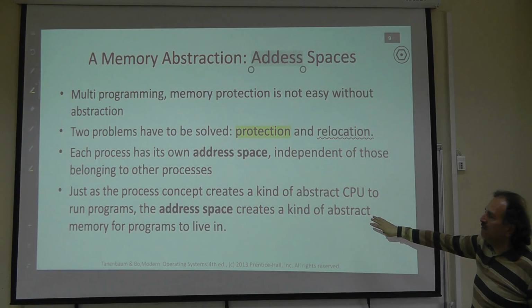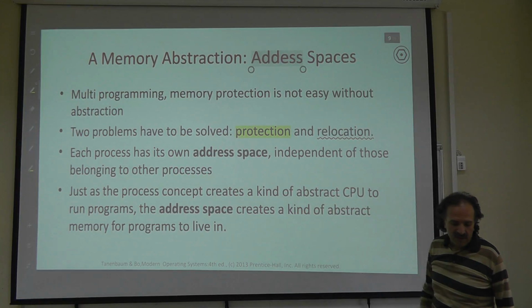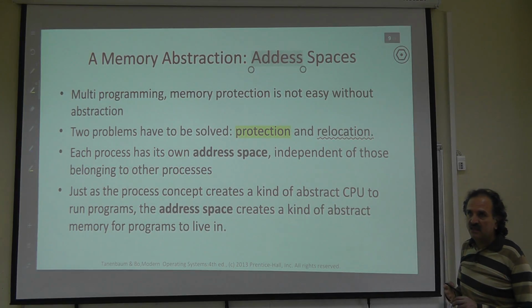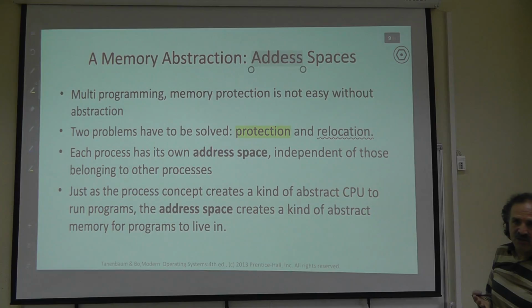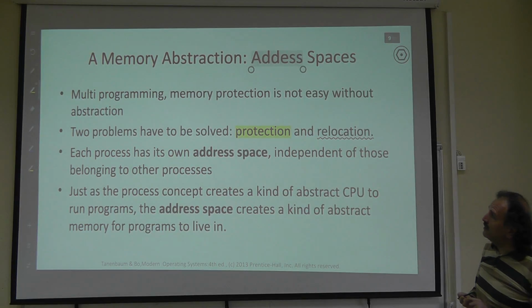These are very important concepts actually. The process mechanism is a kind of abstraction of the CPU. Address space is another kind of abstraction mechanism for the memory. And they are very similar ideas.